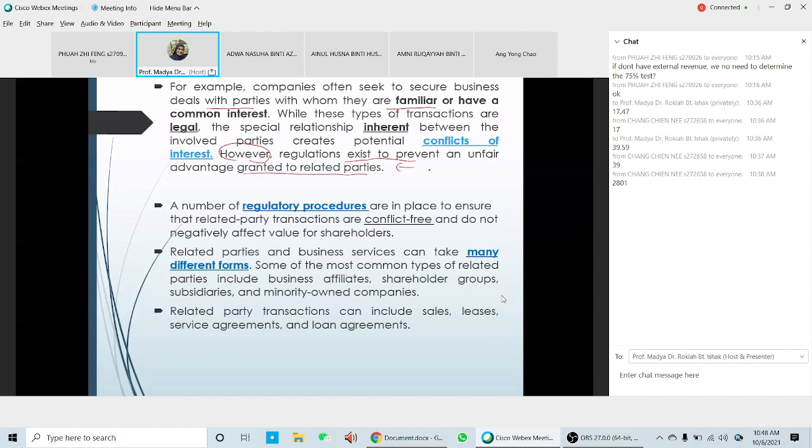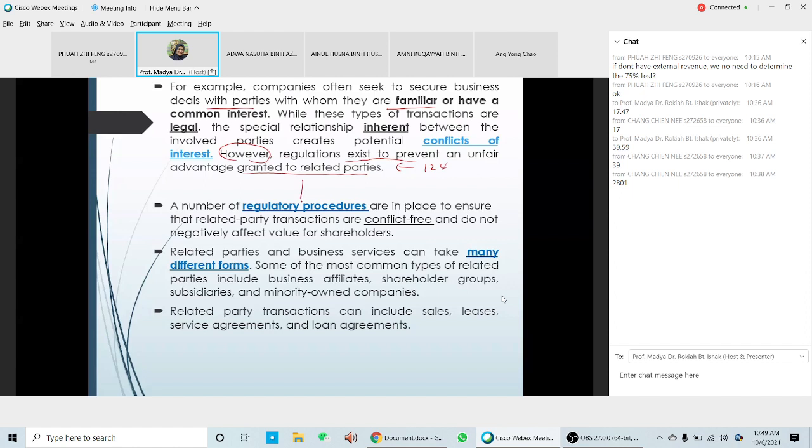So this is where we come out with MFRS 124. When you have transactions between related parties, who are familiar individuals or entities, they can create a conflict of interest. So to reduce the conflict of interest, the standard 124 states what kinds of information the company needs to disclose when they have related party transactions.